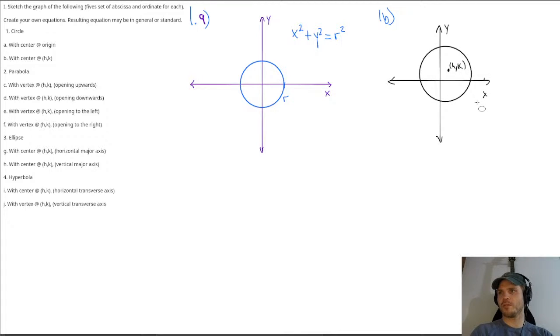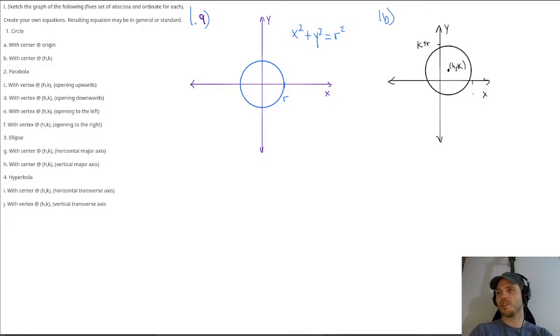Circle centered there. This value is going to be h plus r. This value is going to be, oh no, I lied, k plus r.